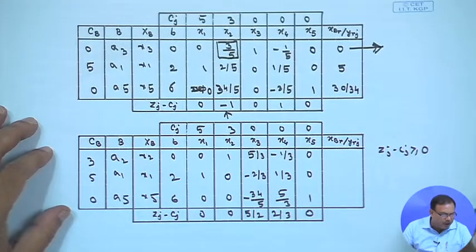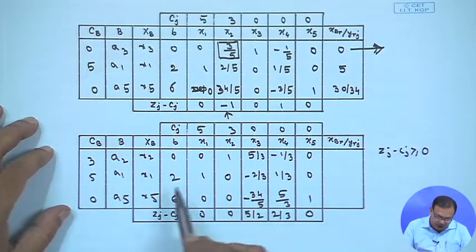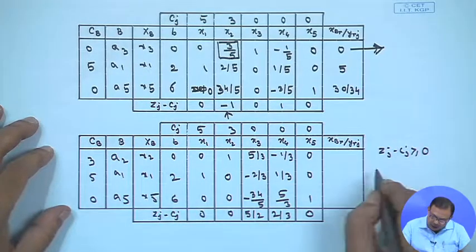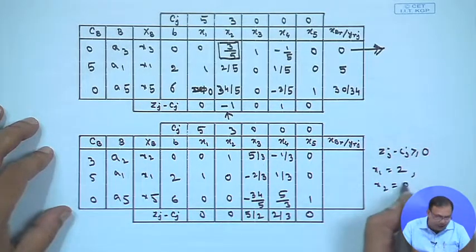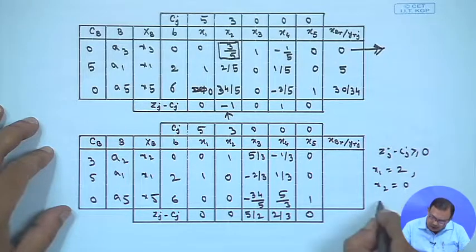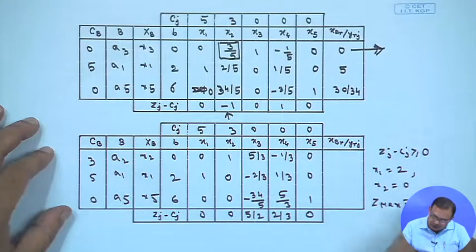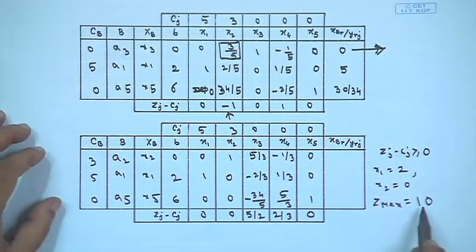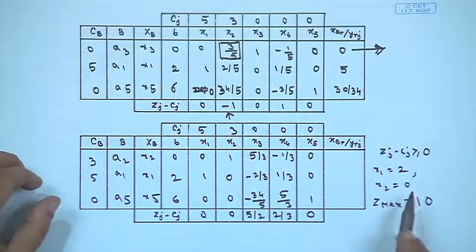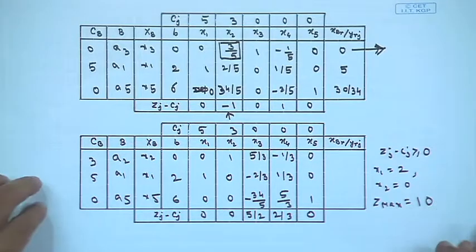Therefore, you will obtain the unique optimal solution. Your optimal solution is x1 equals 2, x2 equals 0 and Z max from here will be 5 into 2, that is 10. So, you are obtaining the optimum solution. Whenever there is a tie, we have to find out the solution this way.